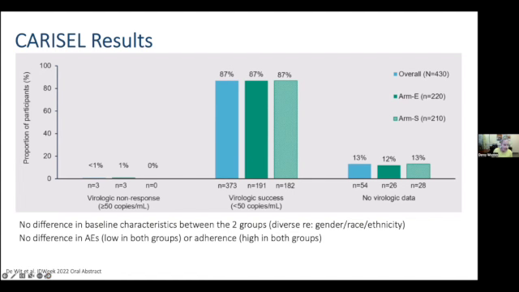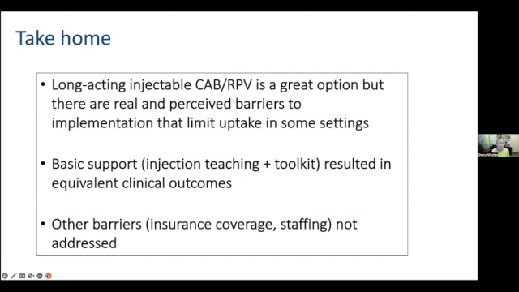So for take-homes, I was really excited about this study because we have had a lot of success at Owen Clinic in rolling out long-acting cabotegravir-rilpivirine to a lot of our patients. That's really important in part due to how well resourced we are in terms of our clinical pharmacists, our pharmacy techs, and our clinic structure in general.